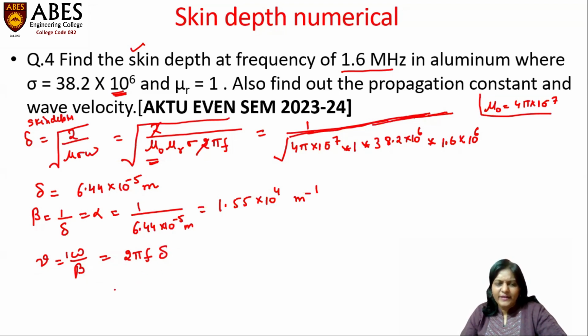So v is 2 pi, 3.14 into 2, into frequency 1.6 megahertz, 10 to the power 6, into skin depth 6.44 into 10 to the power minus 5.